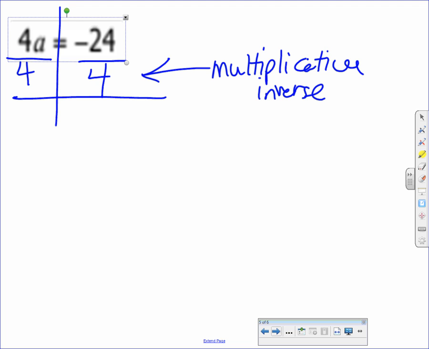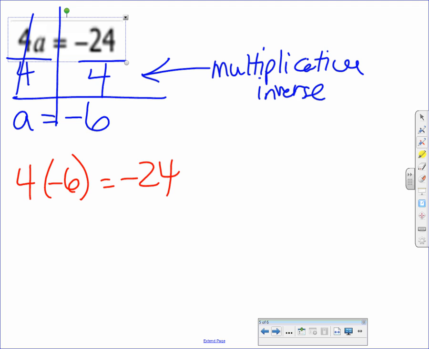So you will have to also be able to name that property. 4 divided by 4 gives me 1, so we can cross those off. a equals negative 24 divided by 4 should give me negative 6. And if I want to check my answer, 4 times negative 6 should give me negative 24. Negative 24 equals negative 24, yes.